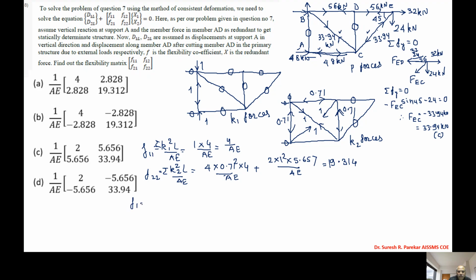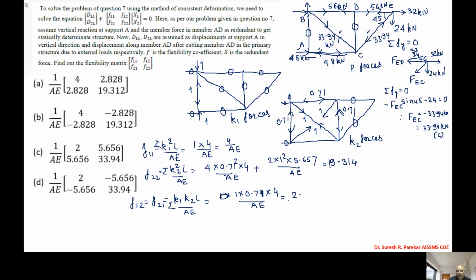And then we have F12 equal to F21, and that is equal to summation K1 K2 L upon AE. Now we have both in compression, so we will get this value as plus. And then we have 1 into K2, 0.71, L we have 4 upon AE, and this value comes 2.828.